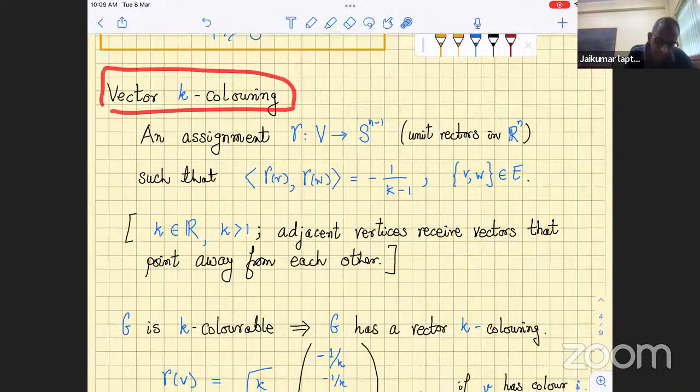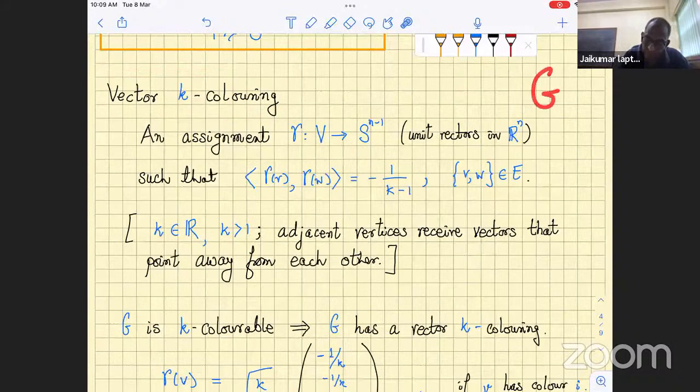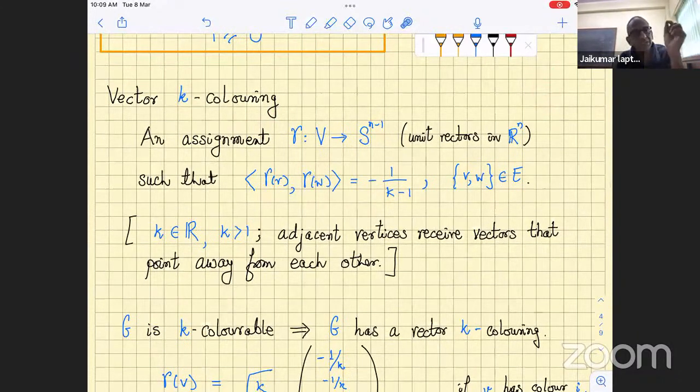vector k coloring. So you've been given a graph G. There is a graph G, and to each of its vertices, we are going to assign vectors. Vectors in R^n, that is unit vectors in R^n. So to each of those vertices, we are going to assign a unit vector in R^n. But what do we want?